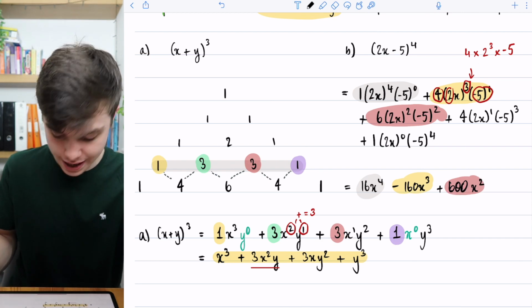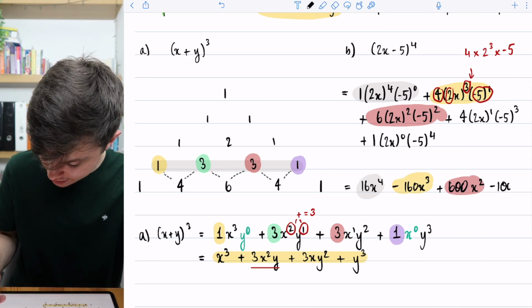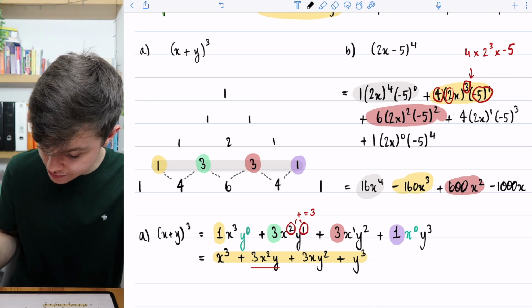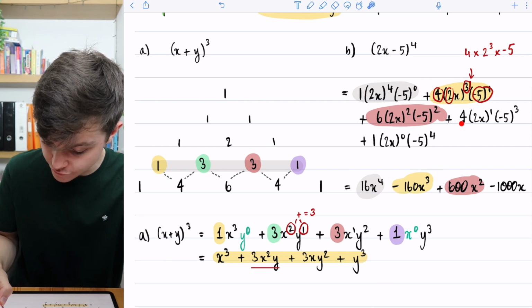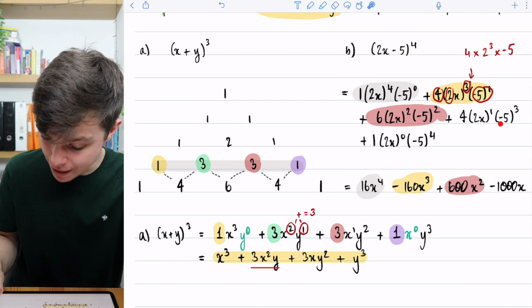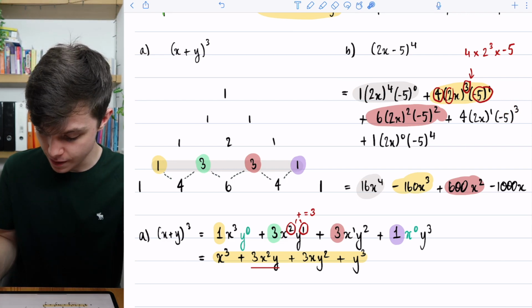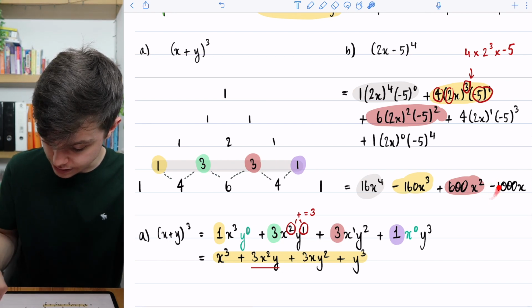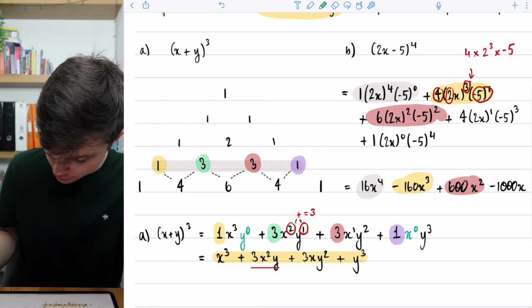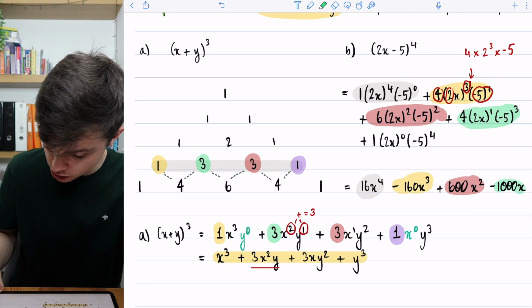The fourth one is a negative, and it's a negative 1000x, and of course that comes from the 4 times the 2 times the minus 5 cubed. Minus 5 cubed is going to be a negative, and then that's where the negative comes from here, and I'm going to need a green. That's where that term comes from.